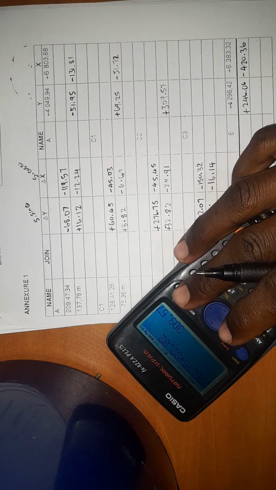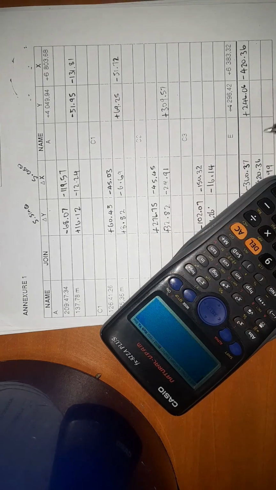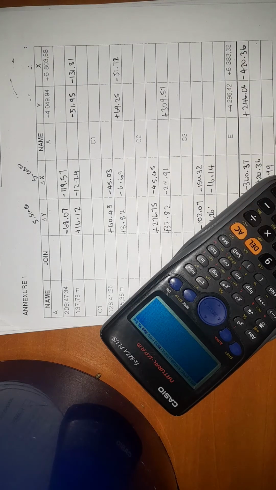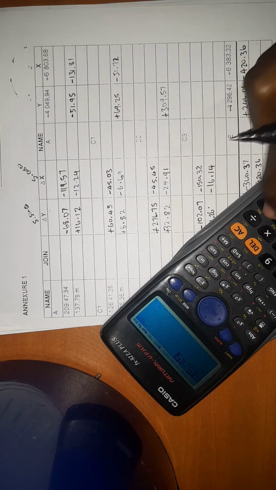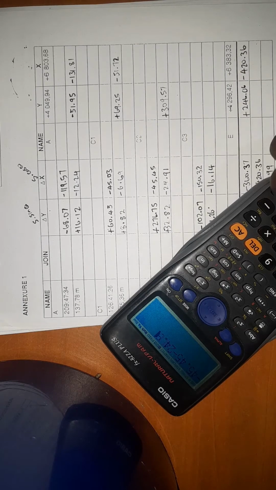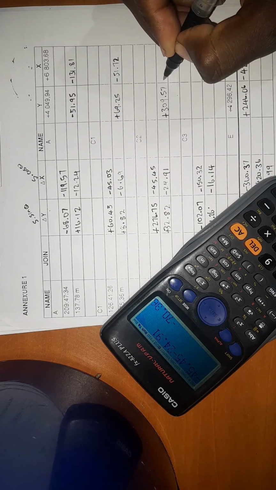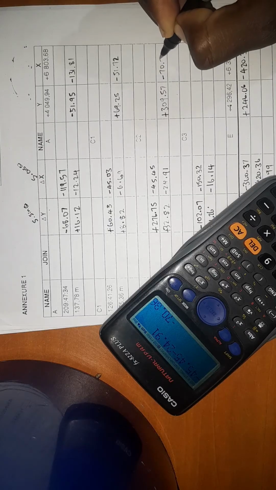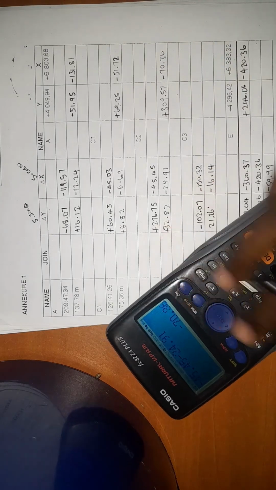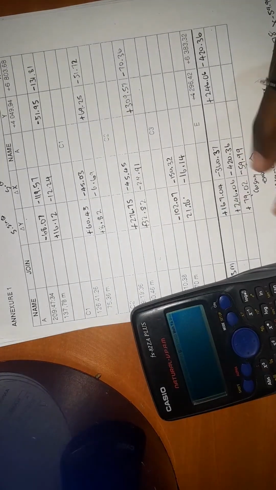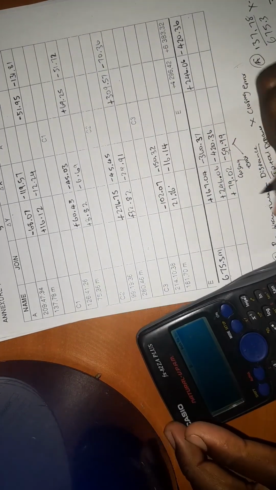Again, the very same thing, negative 45.45 minus 24.91, negative 70.36. We proceed to the last one, which is C3.